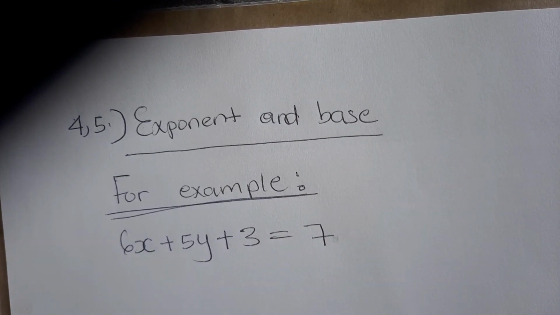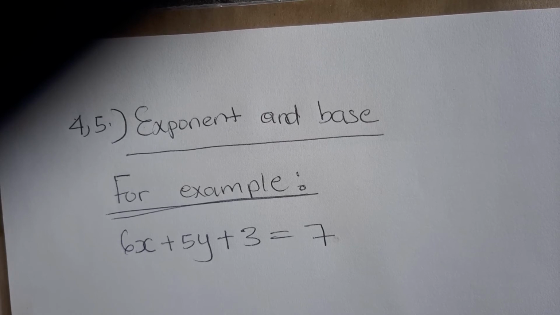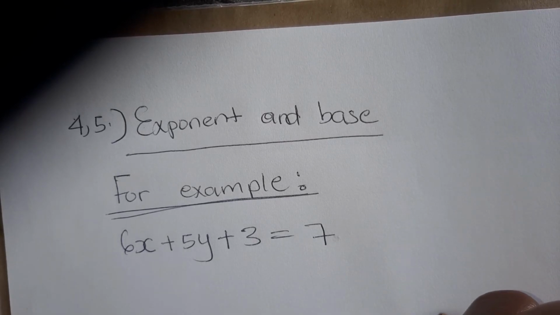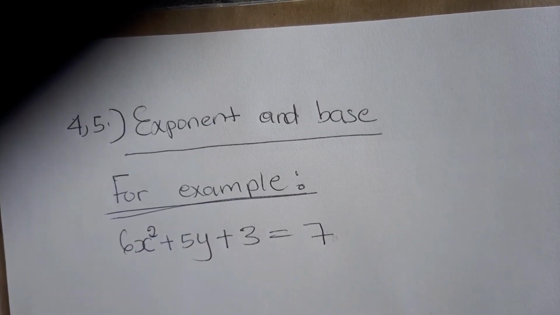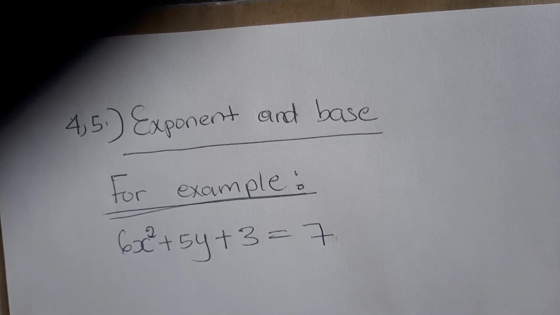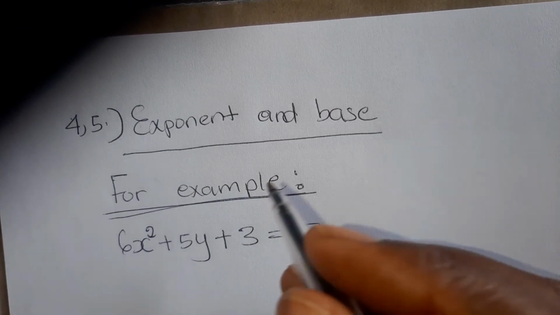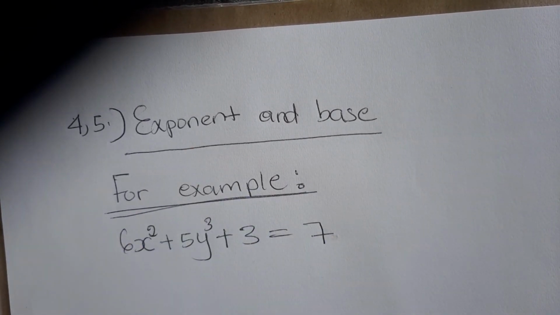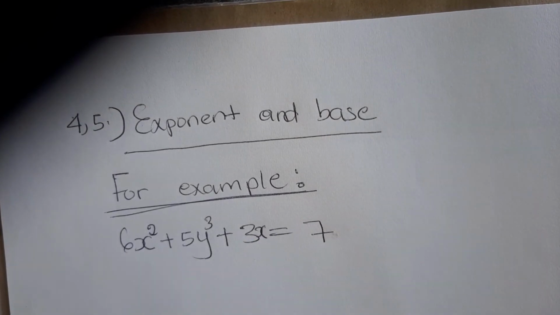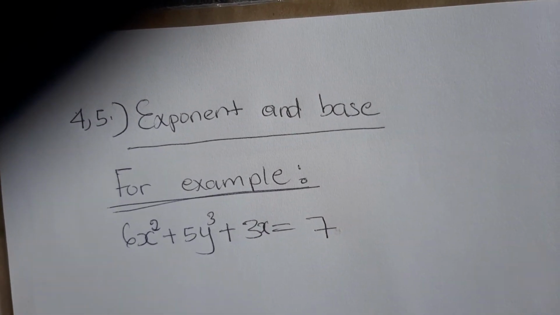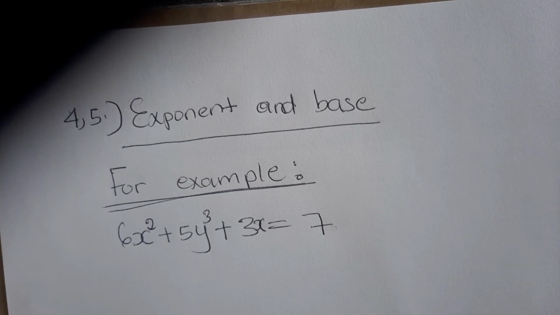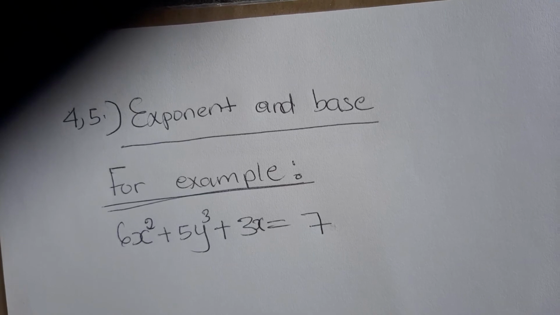Okay, for example, let's point out a variable, constant, coefficients. Okay guys, here I meant to say 6x squared and 5y cubed, plus 3x plus 3 is equal to 7. Let's point out the constant, variable, coefficient, and exponents and bases.